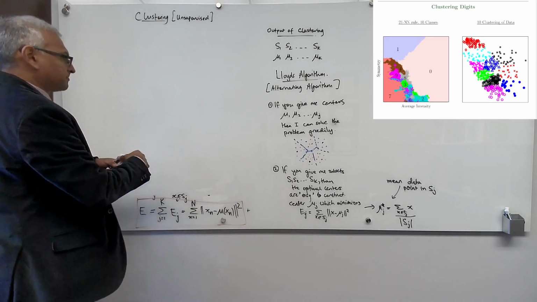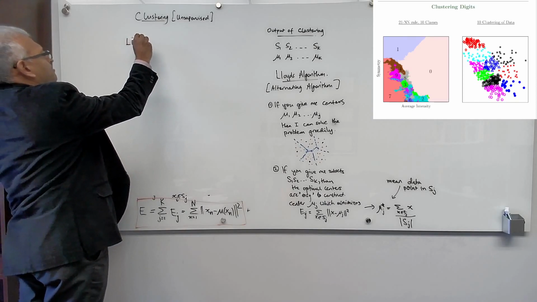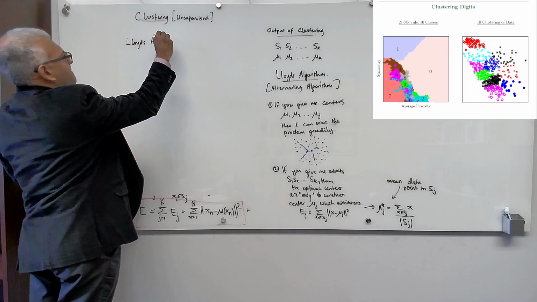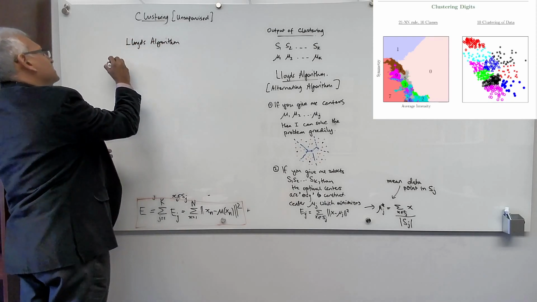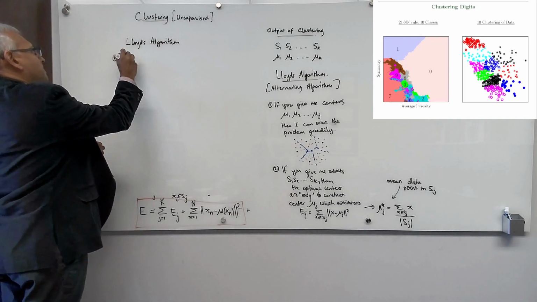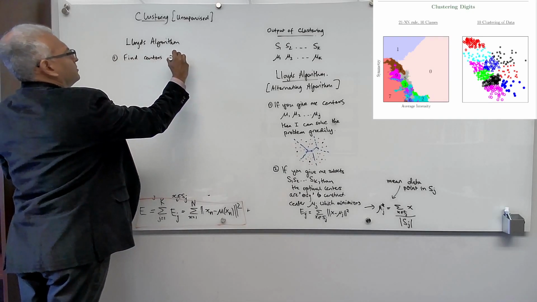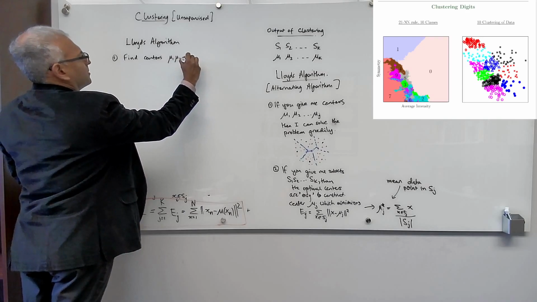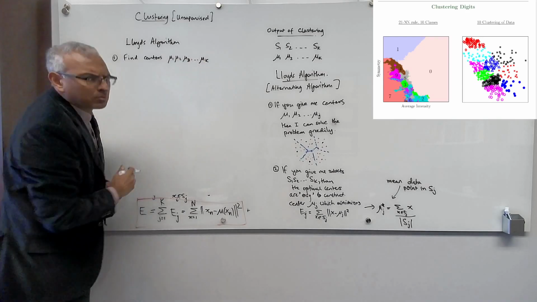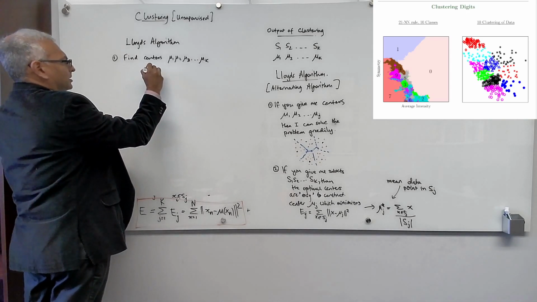So Lloyd's algorithm is very simple. Lloyd's algorithm. Step 1: find centers mu1, mu2, mu3 up to mu k. How? If it's the beginning of the algorithm, randomly.